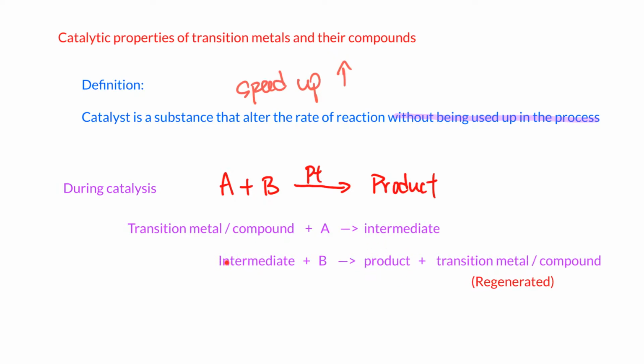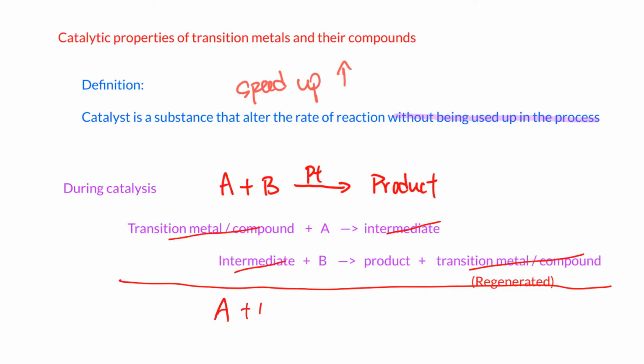Inside this intermediate, we do have the transition metal or compound, right? Then it will come out again. So we say that the transition metal or its compound is regenerated. In the process, we input the transition metal or compound, but at the end it is also given out. If I combine these two equations, these things can be cancelled out. The transition metal crosses out, the intermediate crosses out, and we have A plus B giving the product again.